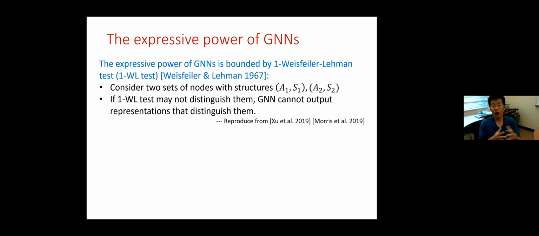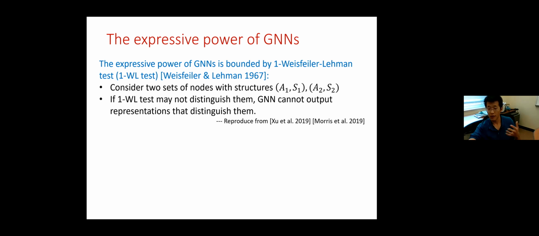Graph neural networks are powerful and have shown success in many applications. However, their expressive power has limitations. It is not hard to show that the expressive power of a graph neural network is bounded by a very traditional method called the one WL test.